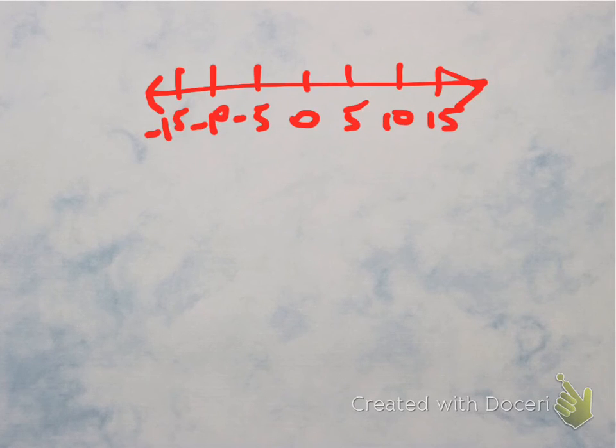Okay, so one more example, and this one has to do with money. Another real world math situation here. So if you look at this number line, you see that this is divided by 5 units in between, up to 15 in both directions. And if they were going to ask us on a number line to locate and label a credit of $15, we know that credit represents a positive amount.